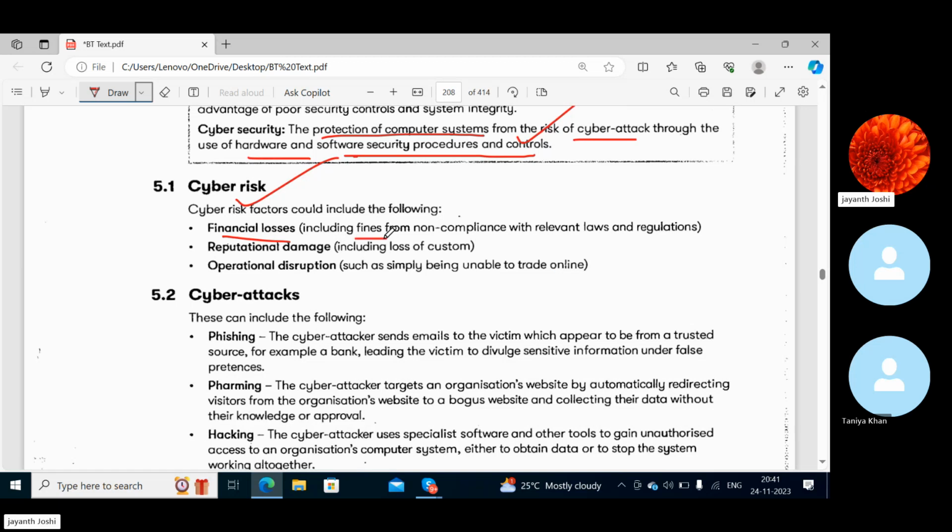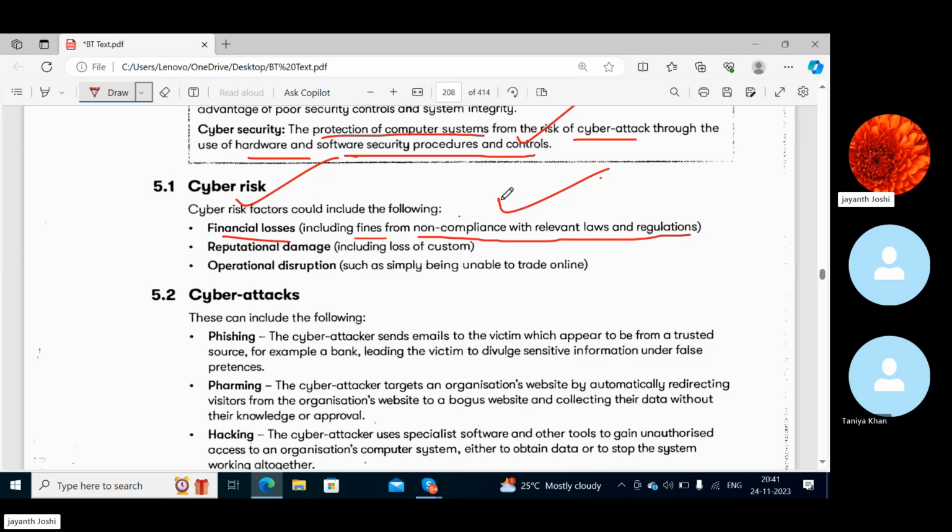Some fines they have to pay for non-compliance with relevant laws and regulations if they are not following the guidelines related to cyber laws, whereby the companies are asked to have a very strong mechanism of security in their company.